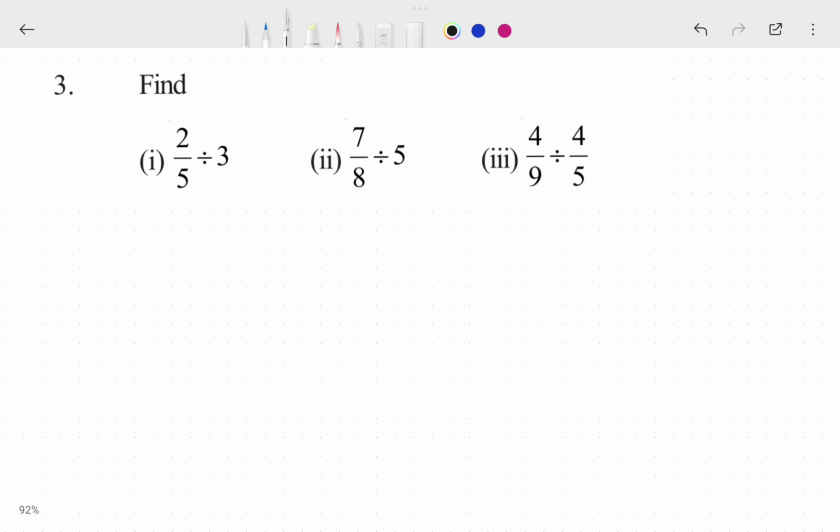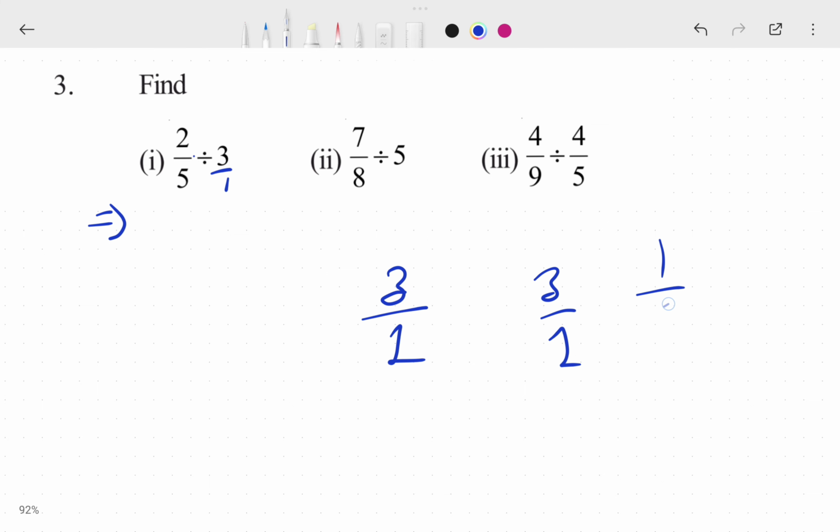Now let's solve this question also. We have to write the question. So this is 2 by 5, and we know that there is always a 1 in the denominator when the number is like that. If you write 3, the 1 is not visible, but it is always 1 in the denominator.